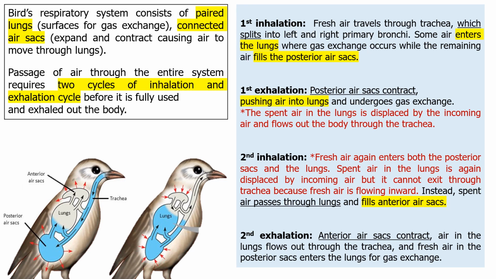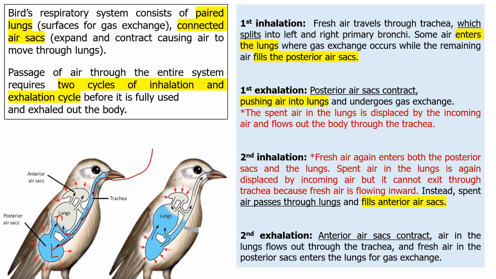Let us learn together what happens during first inhalation. Macam biasa, fresh air travels through the trachea, which splits into left and right primary bronchi. Some air will straight away enter the lungs to undergo the gas exchange, and the remaining will go to fill the posterior air sac.